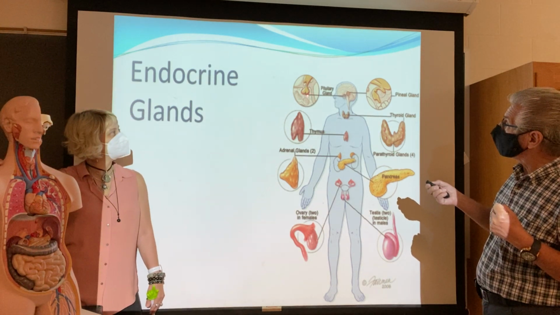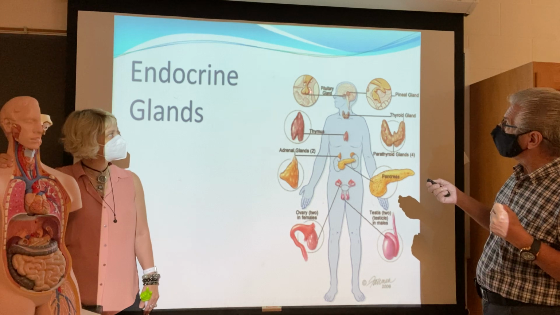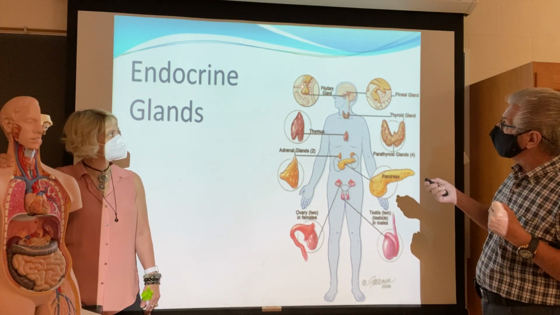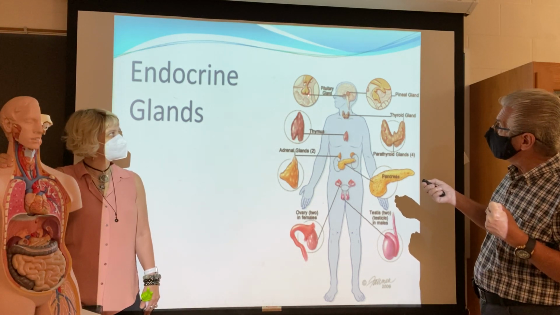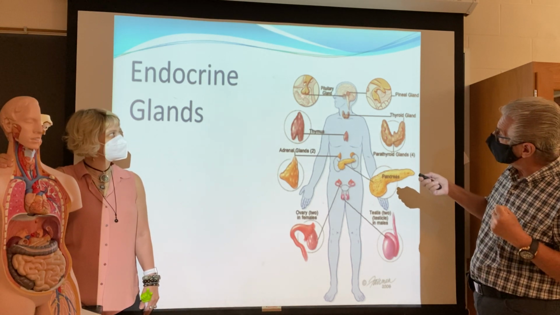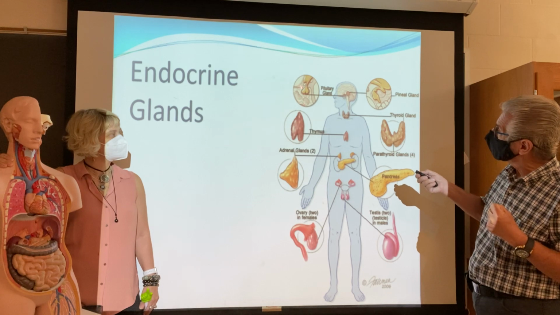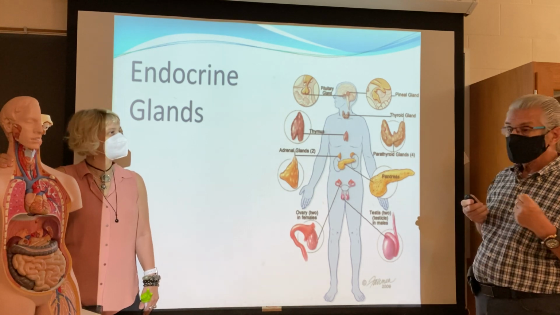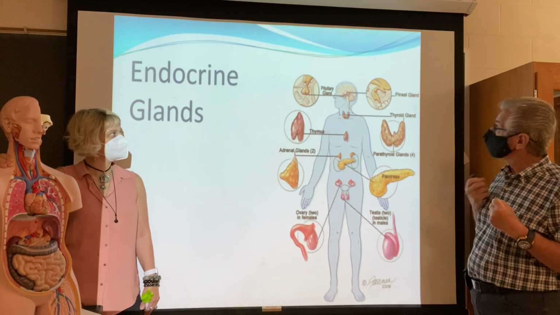And if you recall, this was one of those funky names, because of the shallow depression that looks like a saddle: the sella turcica.